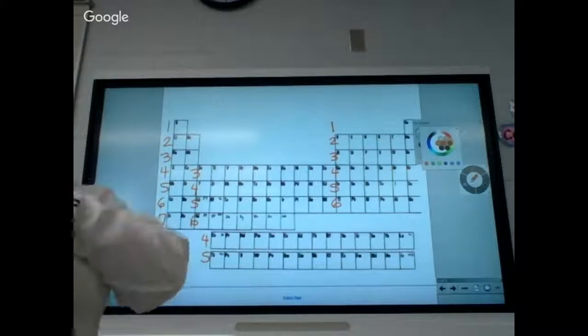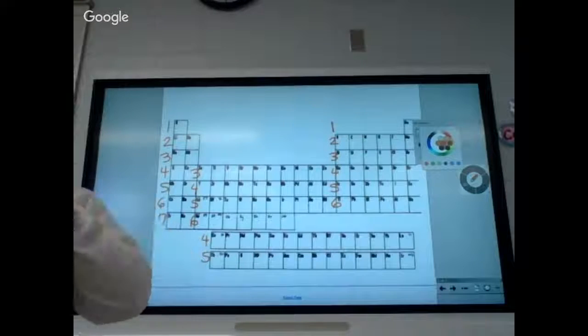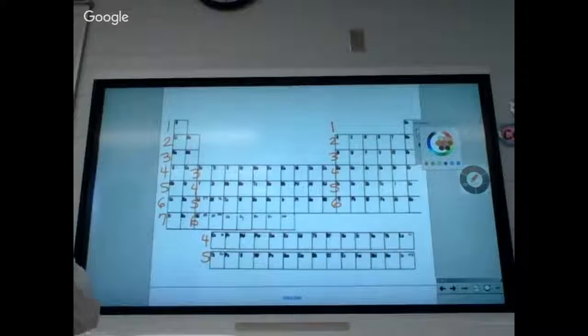Now, I don't recommend that you do the practice we're getting ready to do on your periodic table because the one we're going to color Monday will get very cluttered very fast, and some of you may want to add some stuff from Monday to this periodic table. And if you've already cluttered it up with examples, you have no place to write stuff. So I do your examples on separate paper if you're going to write them down.